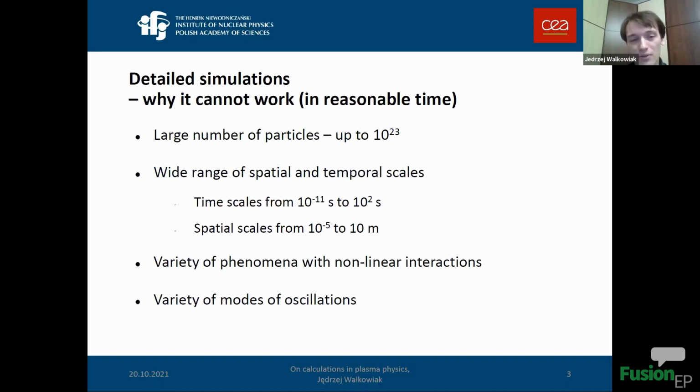We have a problem of the wide range of spatial and temporal scales, because if we would like to make a simulation which includes the smallest time or spatial scales, it would have to be extended to enormous scales to catch the longest or largest effects which occur in plasmas. We also have a variety of nonlinear interactions, many modes of oscillation inside the plasma. All these things make the simulations really complicated.